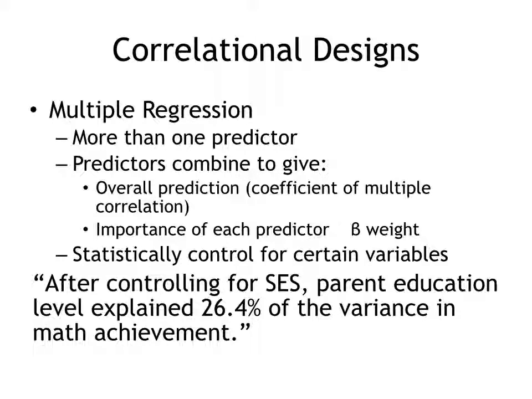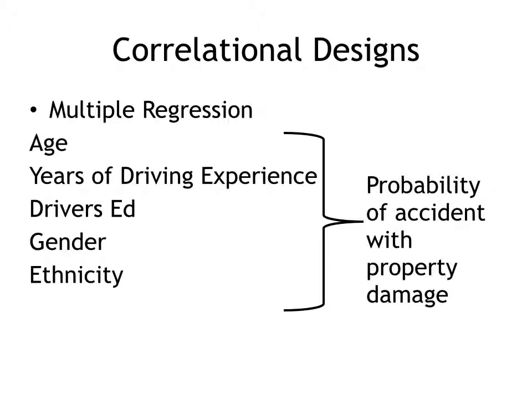Let me give you some more examples. Let me use an example that has nothing to do with education, but it'll make sense to any of you who have to pay for car insurance. And if any of you have teenage boys driving, you will really get this one. With multiple regression designs, you can list out the variables that may influence an outcome. So if I want to know the outcome, what's the probability of an accident with property damage?